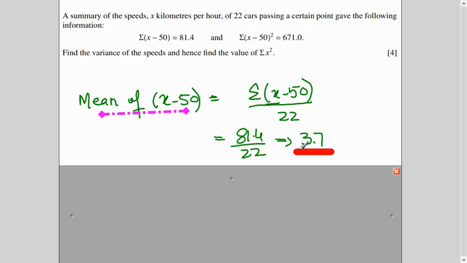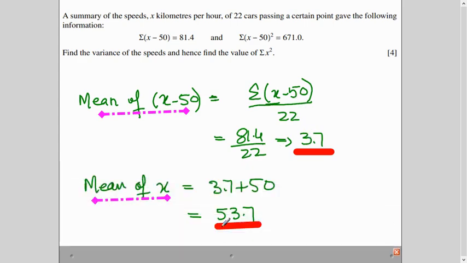This mean is coming from the data which you have gotten after subtraction. So your actual mean of x will be more than this. How much more? 50 more. So you will add 50 to it. This is the other way of doing it. It's much simpler and easier, but I'm just developing a concept, right? So now you have the mean of the new data and the mean of the original data also. In many questions, they ask immediately, so you can answer it.